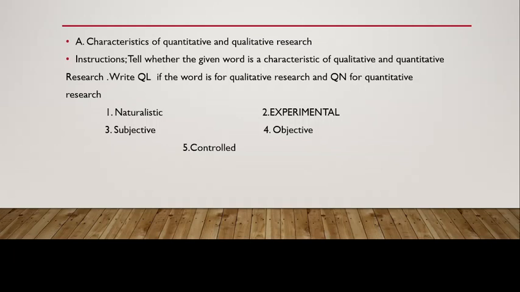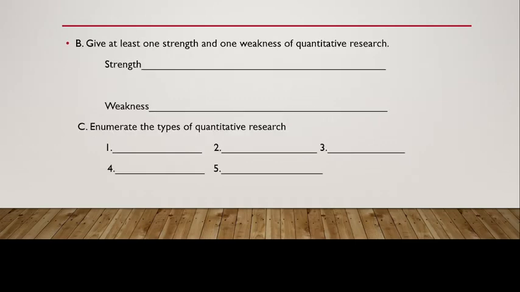Write QL opposite the word if the word is for qualitative research, and QN for quantitative research. 1, you have naturalistic. 2, experimental. 3, subjective. 4, objective. And number 5, control. Okay? You can write your answer in a yellow pad paper.